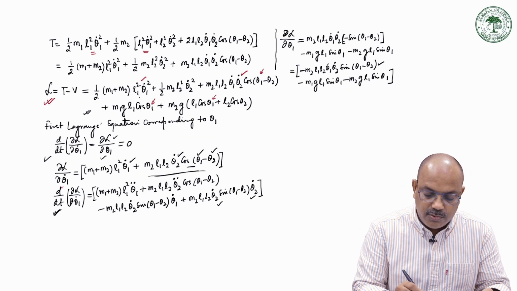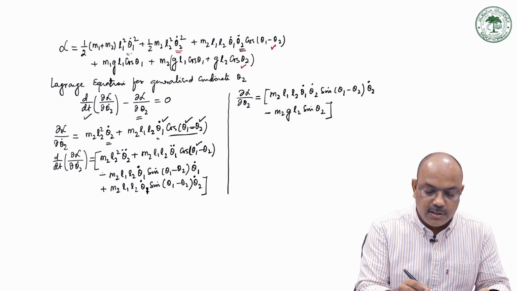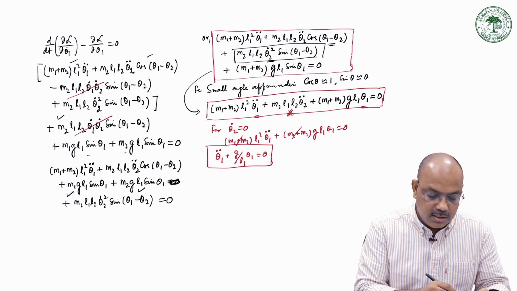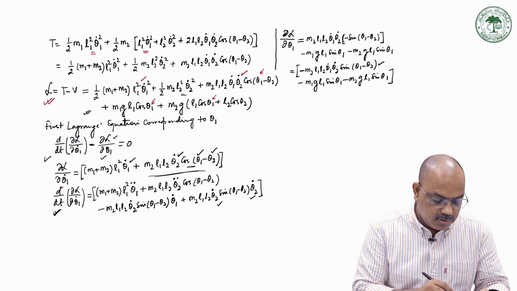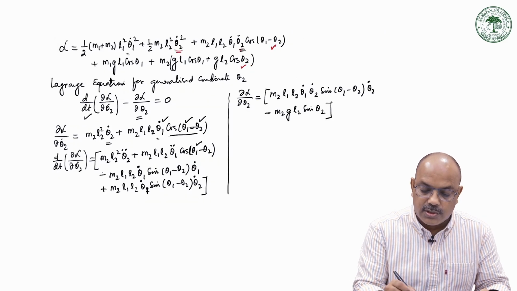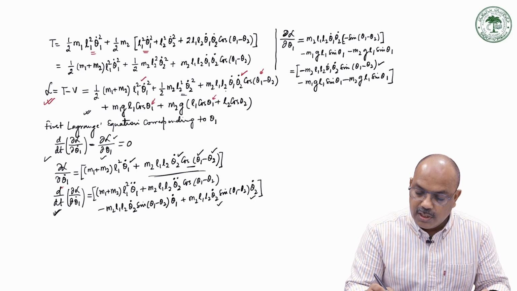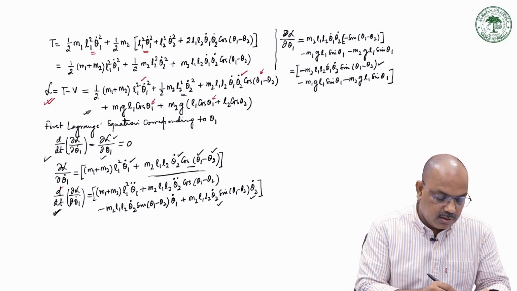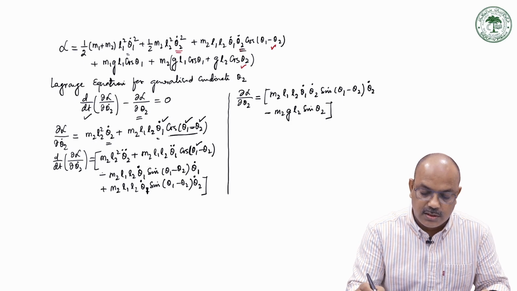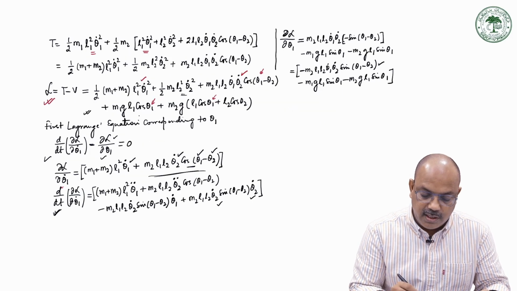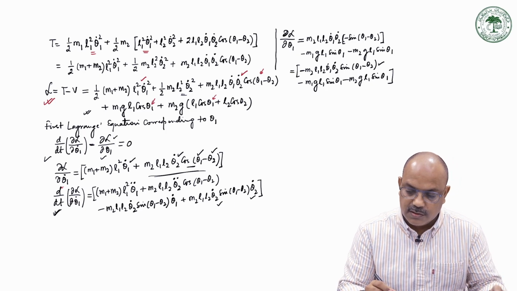So I have m1 and m2, L1 square theta 1 dot square, and then I have L2 square theta 2 dot square. Then we have this term m2 L1 L2 theta 1 dot theta 2 dot cos of theta 1 minus theta 2, and then I have m1 g L1 cos theta 1, and m2 g L2 cos theta 2. So I think this is fine.